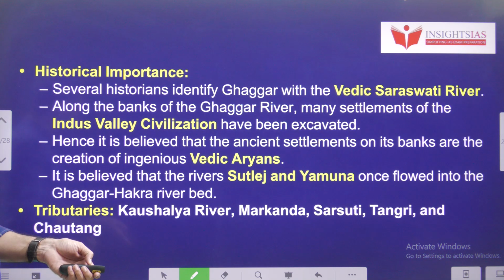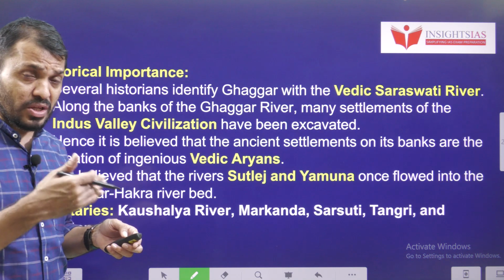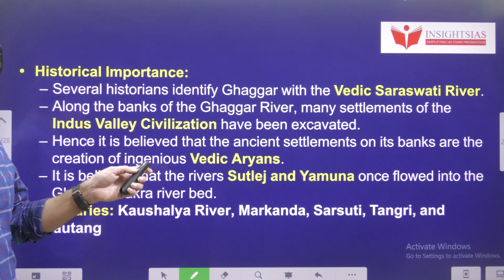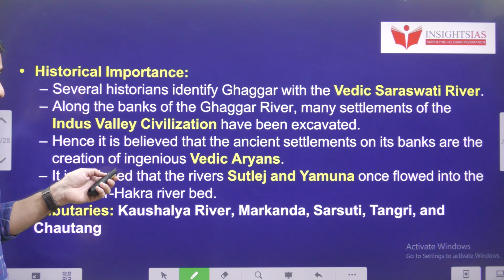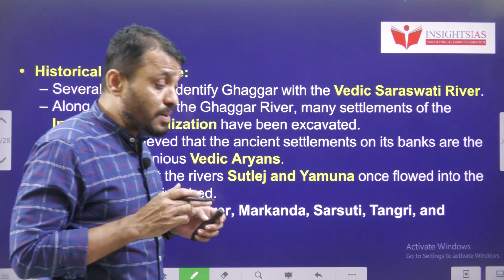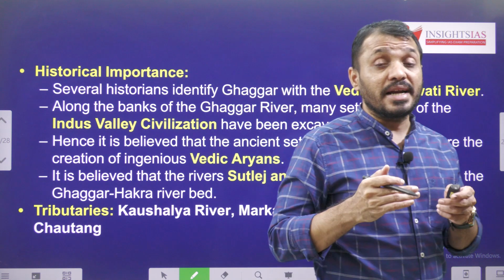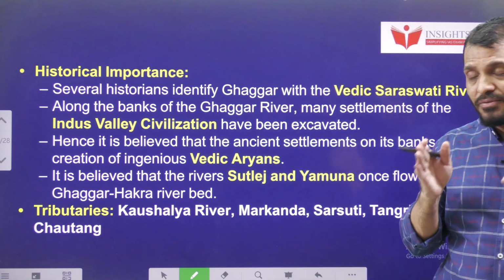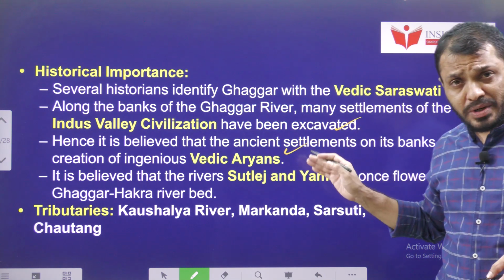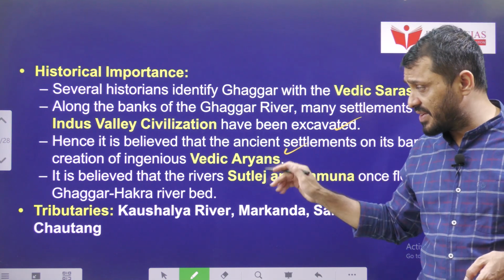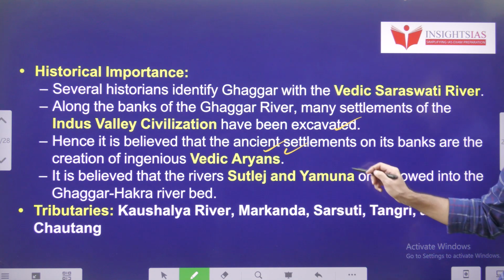Historical importance: according to historians, the Ghaggar River in the Indus Valley civilization is equivalent to the Saraswati River, and people support this view because Indus Valley civilization sites have been found along the banks of the river Ghaggar. So it has historical significance related to the Vedic civilization as well.